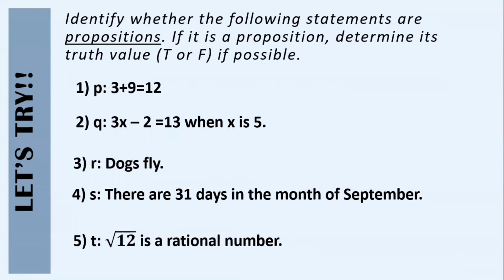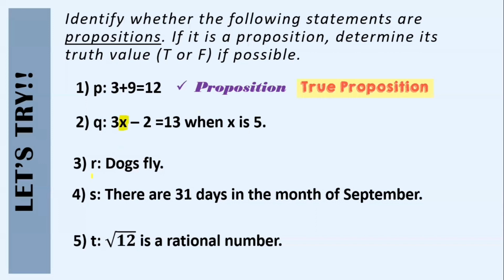Okay, so number 1, 3 plus 9 is equals to 12. So in here, we can identify this as a proposition because 3 plus 9 is really equal to 12. So we can identify kung true ba siya or false. Therefore, it's a true proposition. Number 2, 3x minus 2 is equals to 13 when x is 5. So kung isa-substitute natin yung value ng x dun sa ating equation, so we have 3, palitan natin yung x ng 5.